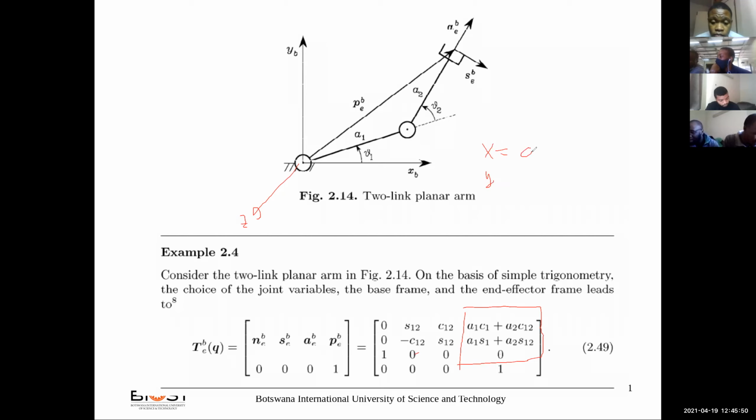A1 times the cosine of the first joint angle, and then A2, so that one plus that one, A2 times the cosine of 1 plus 2. So this is cosine of theta 1 plus theta 2.